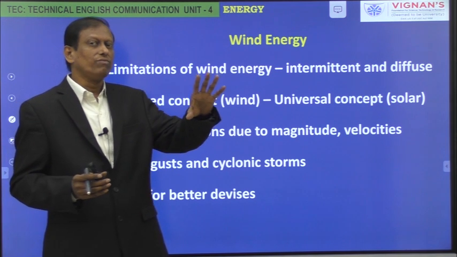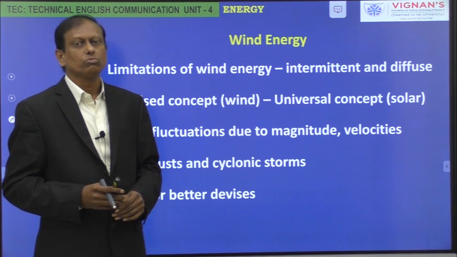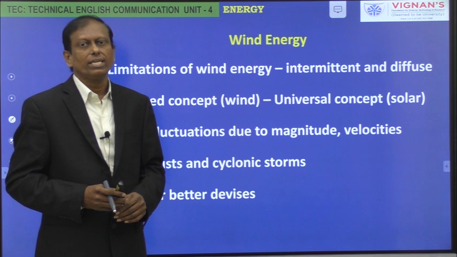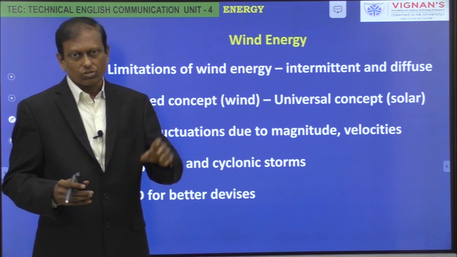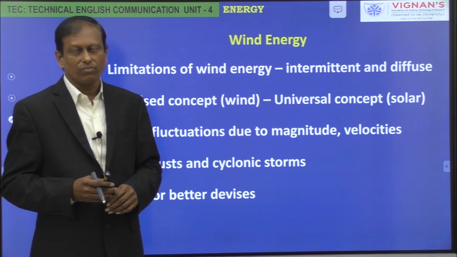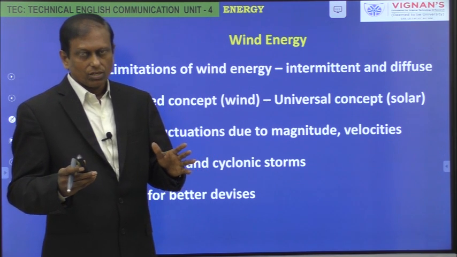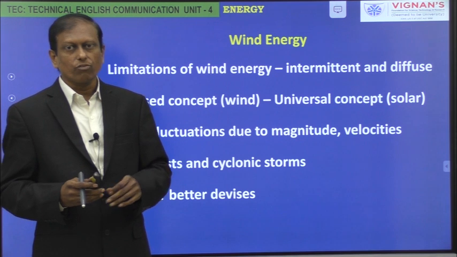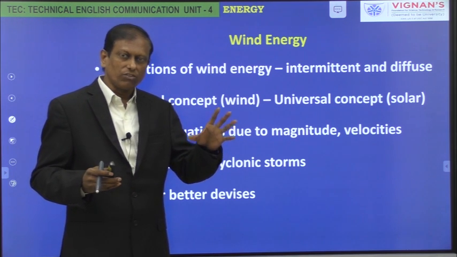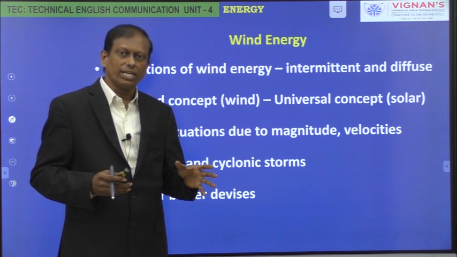Will the flow of wind be the same all through? No. That's why when we depend on a natural resource like solar energy or wind energy, even though we set up equipment, there is no assurance that it will work 24 hours or every day.